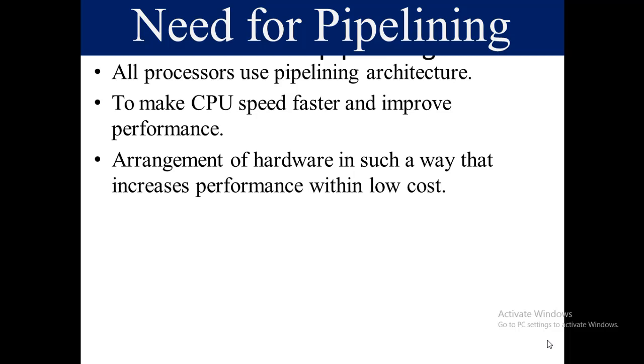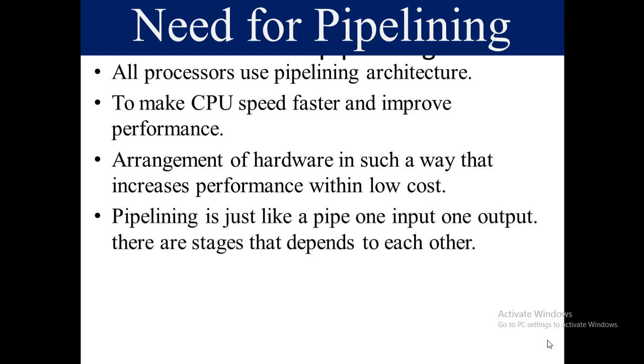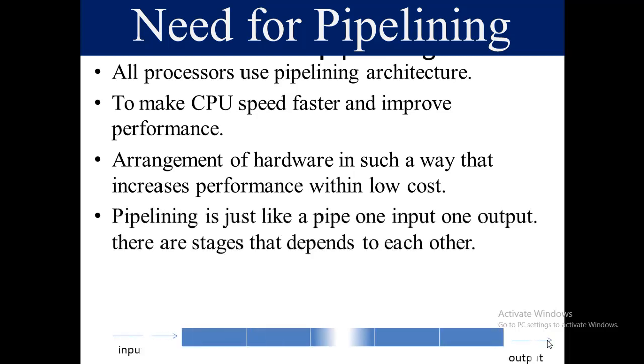So, to improve the performance of the CPU, we arrange existing hardware in such a way that performance increases but at very low cost. So pipelining is just like a pipe, as you can see, with one input and one output.